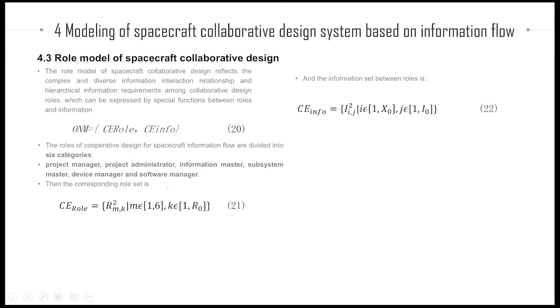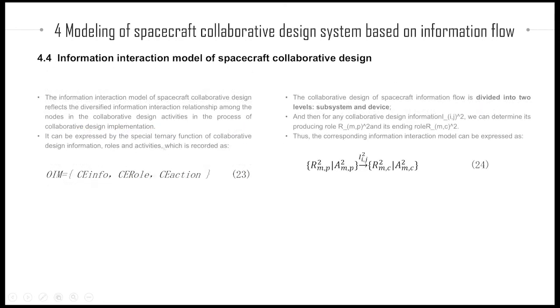Also, the roles of collaborative design of spacecraft information flow are divided into 6 categories, such as project manager and so on. So it is expressed in Formula 21, and the information set is expressed in Formula 22.